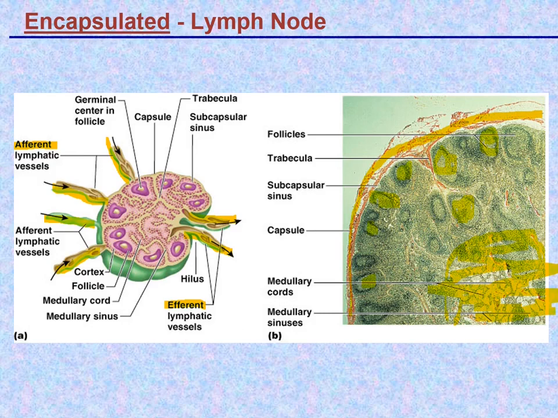There are macrophages, particularly, because macrophages are particularly good at taking in foreign antigenic molecules by phagocytosis, chopping them up, and then presenting them on their surface. So that's a way of presenting foreign antigen to a lymphocyte.